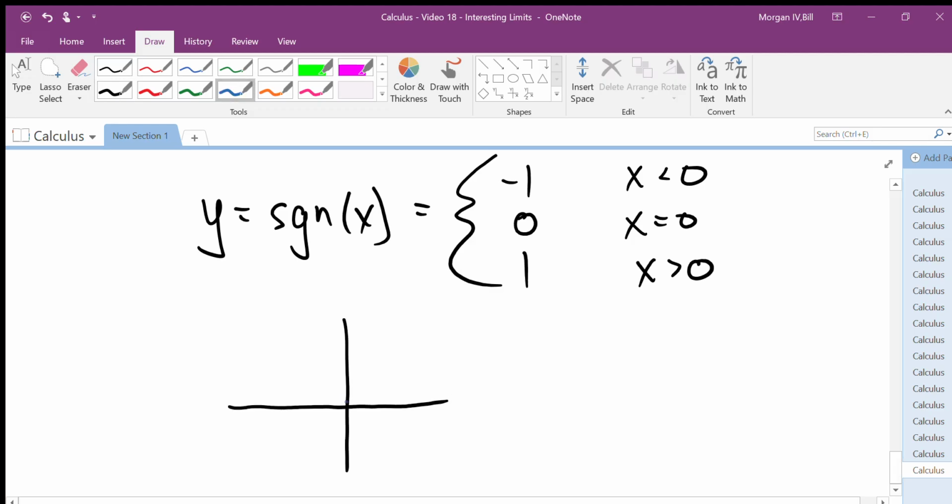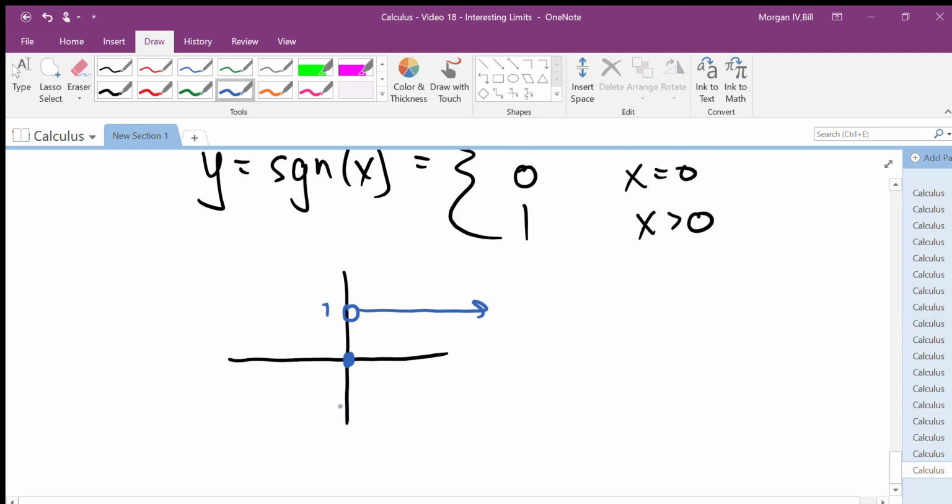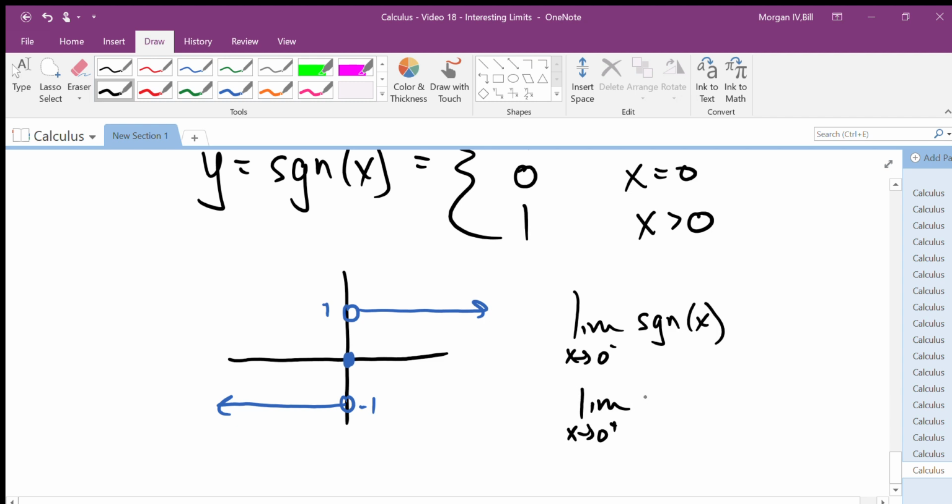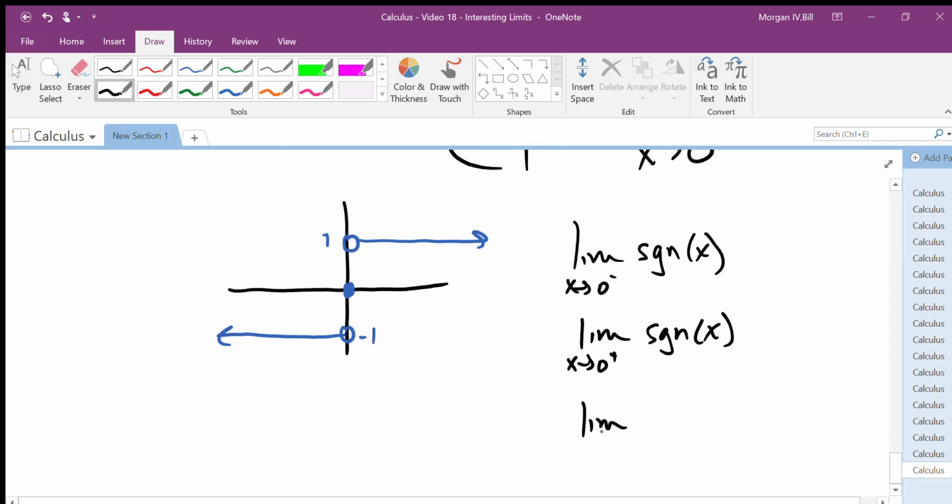At 0, it's 0. Anything greater than 0 has a y value of 1. Anything less than 0 has a y value of negative 1. This is the signum function. Which brings us to what is the limit as x approaches 0 from the left? What is the limit as x approaches 0 from the right? And then finally, what is the overall limit at 0?